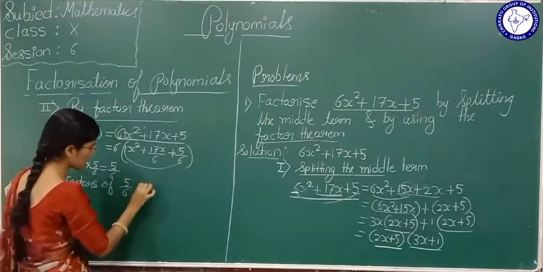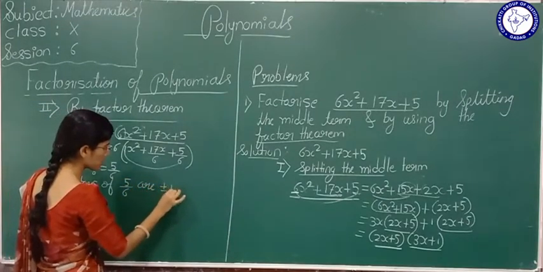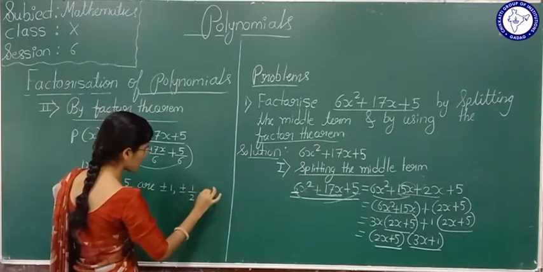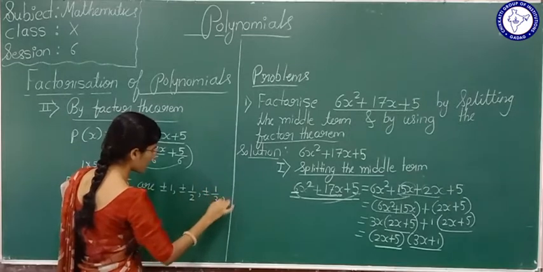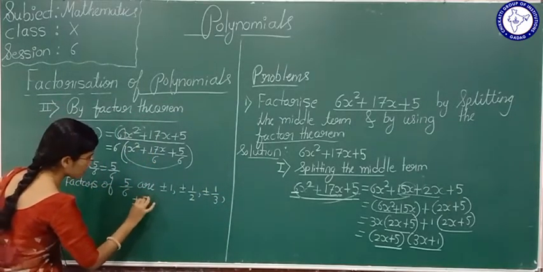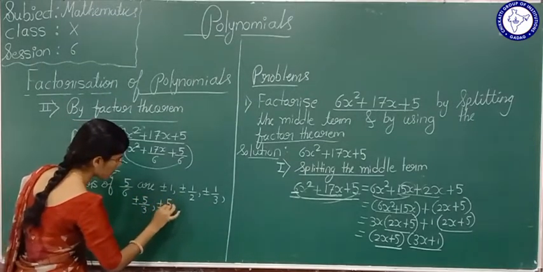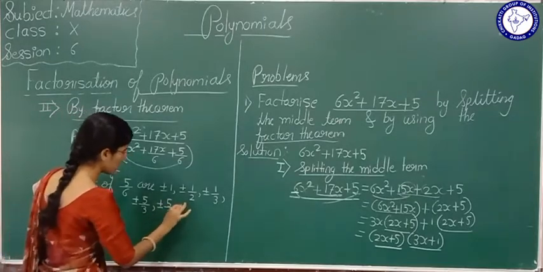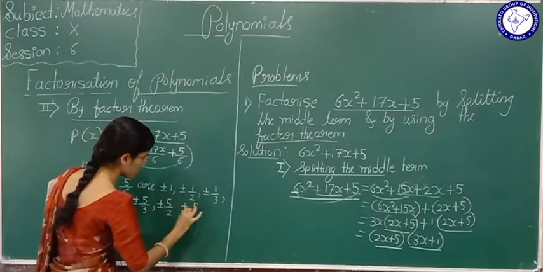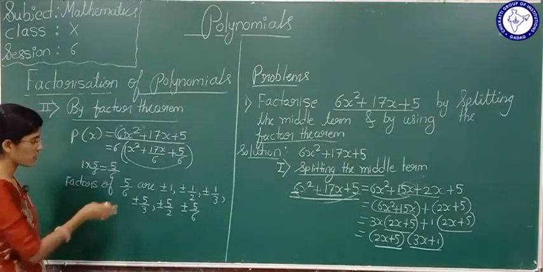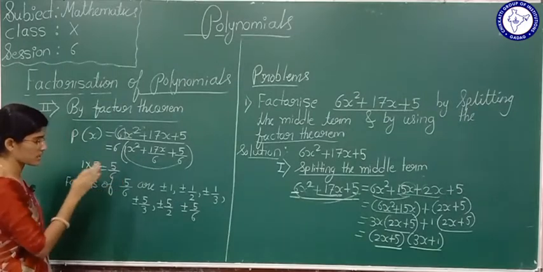Factors of 5 by 6 are plus or minus 1, plus or minus 1 by 2, plus or minus 1 by 3, again plus or minus 5 by 3, plus or minus 5 by 2, again plus or minus 5 by 6.